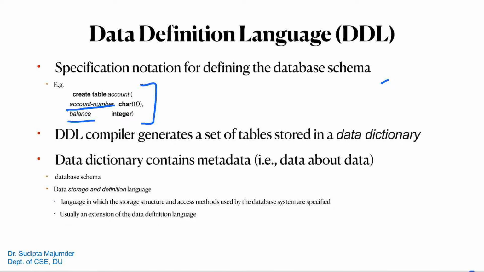The data definition language compiler generates a set of tables stored in the data dictionary, and the data dictionary contains metadata. Metadata is nothing but data about data. So the DDL basically deals with database schema.